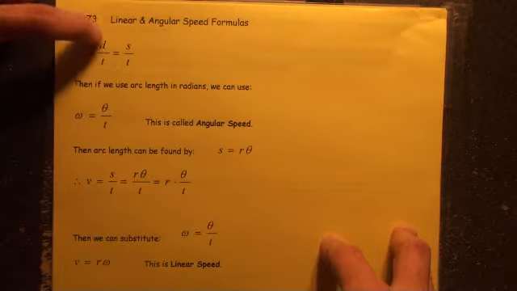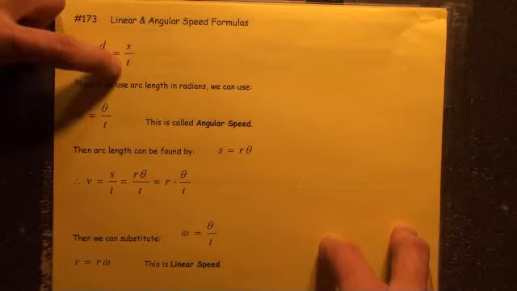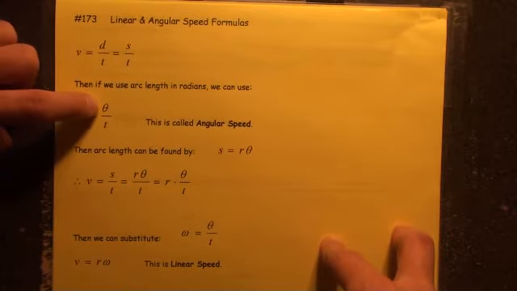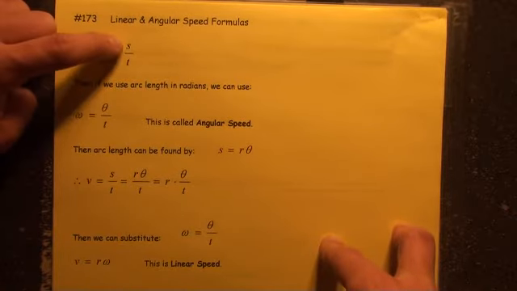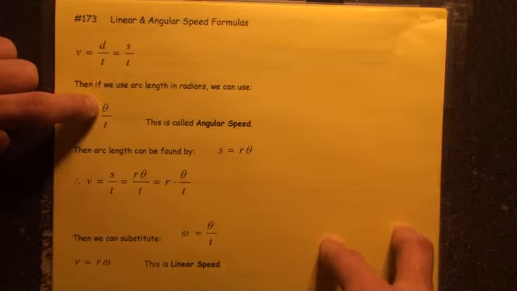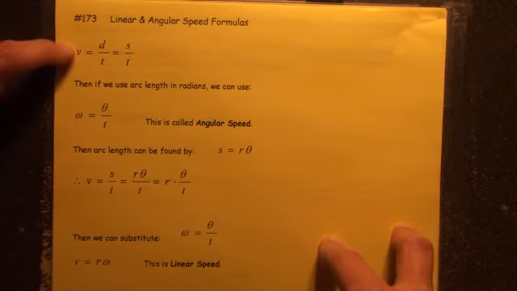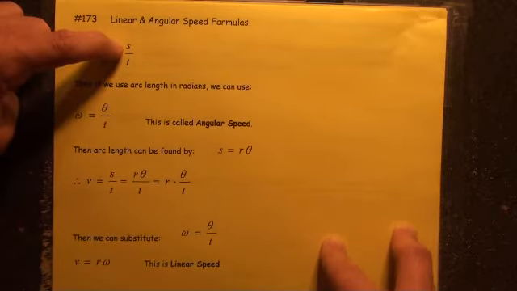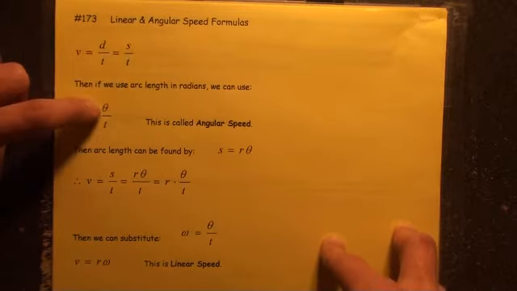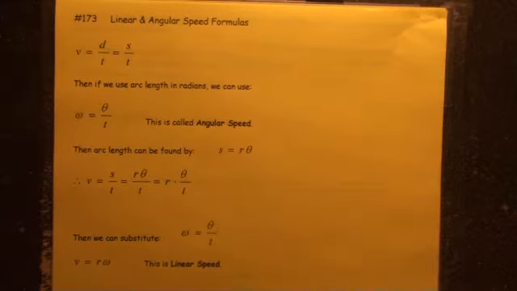Arc length, arc distance over time. Then if we say that theta is the length in radians, we can call the angular velocity, angular speed, equal to that distance over time, which is theta over time.